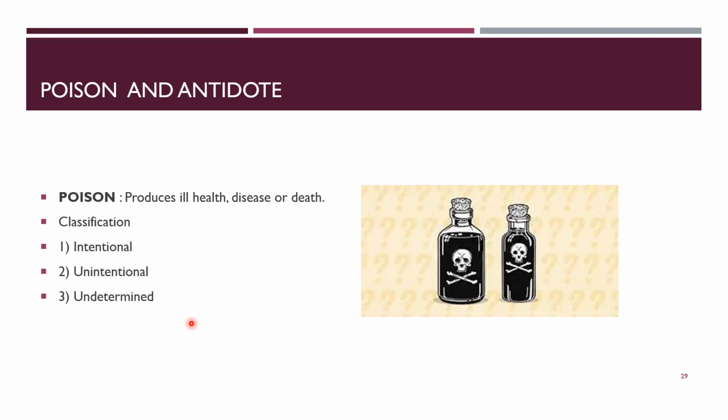Unintentional happens on absorption of wrong compounds or taking a higher dose unintentionally of a compound or a drug. Undetermined is something where we don't know the cause of the illness or the death because of which the poison intake has happened.